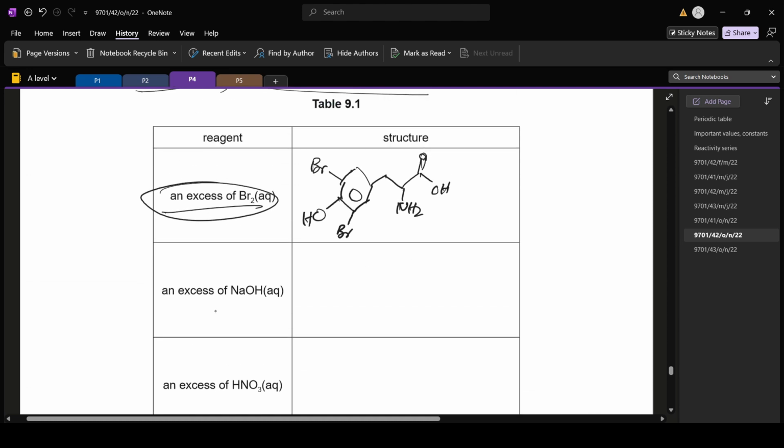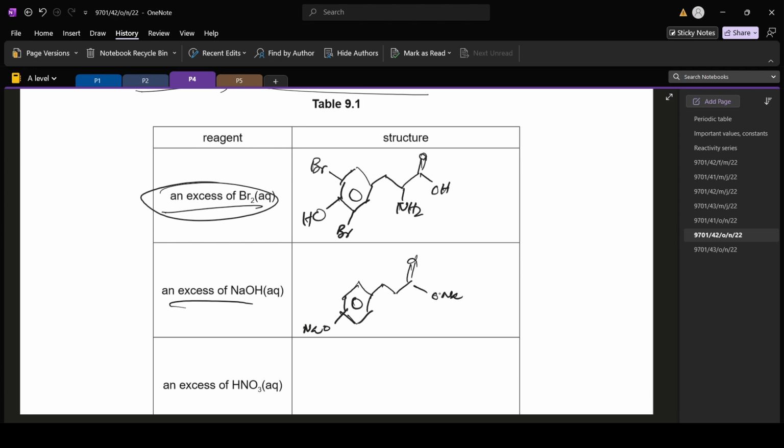Okay, and when it reacts with an excess of NaOH, this NaOH will react with this carboxylic acid. Okay, so it will also react with phenol, because NaOH can react with phenol. So it will form ONa. Then you have this ONa and amine. Okay.